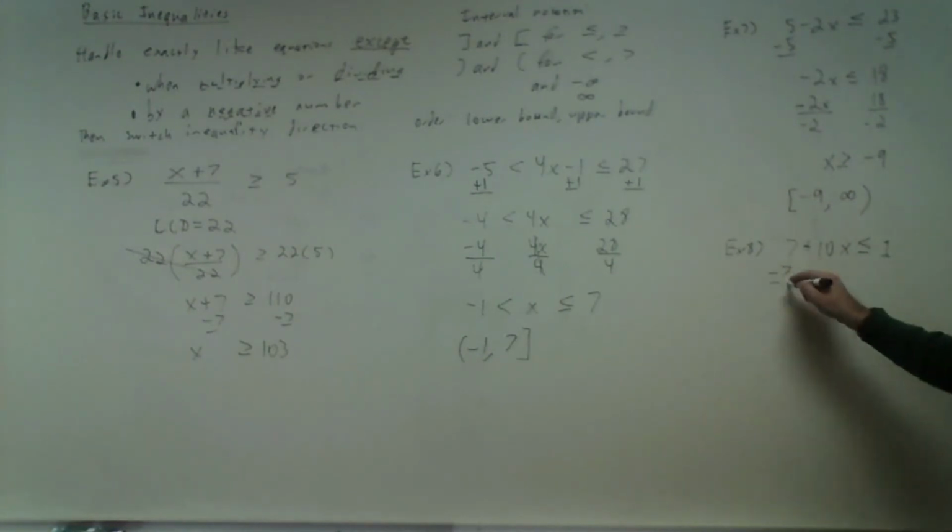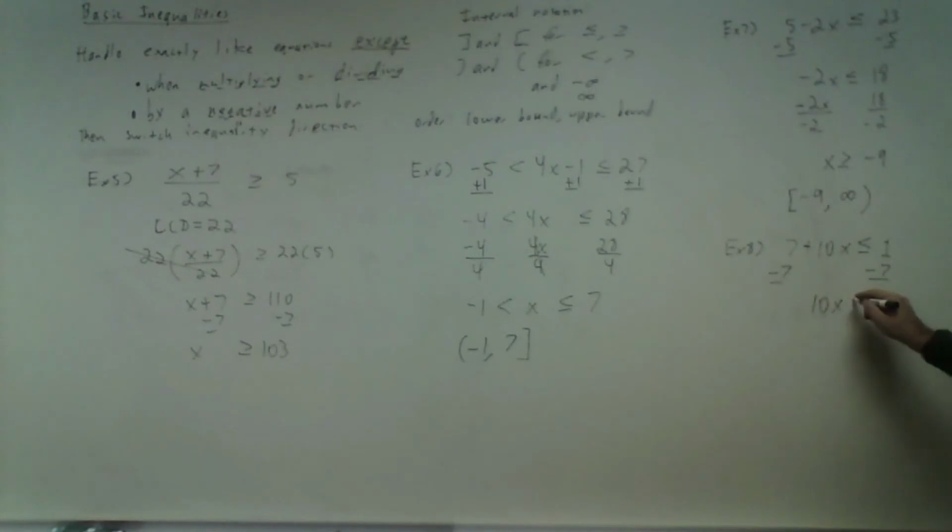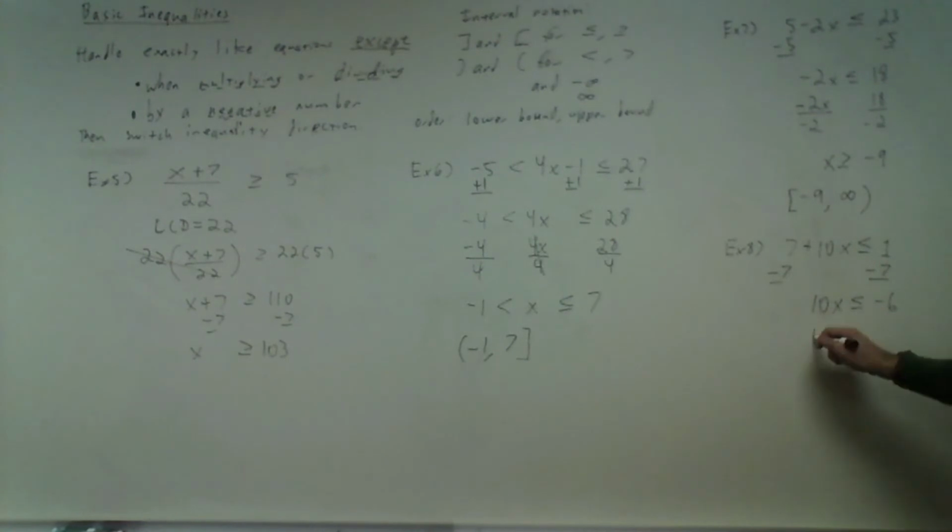So I subtract the 7, and 10x is less than or equal to negative 6. Divide off the 10. Now we get x is less than or equal to negative 3/5 when we reduce. We divided by a positive number, so we don't switch the inequality direction.